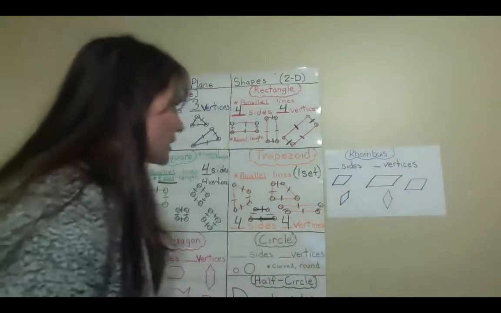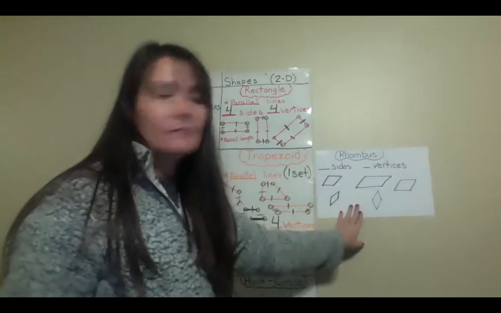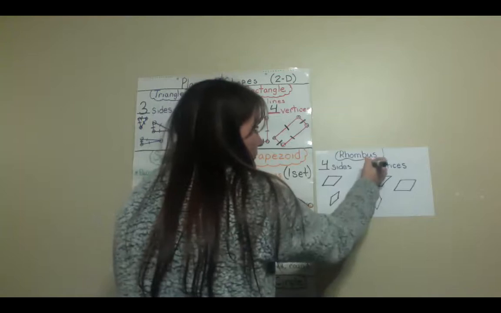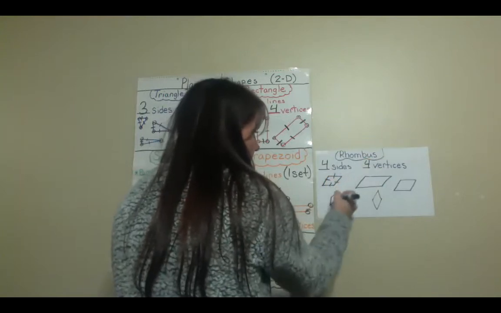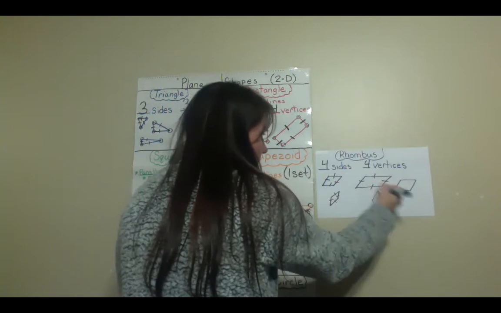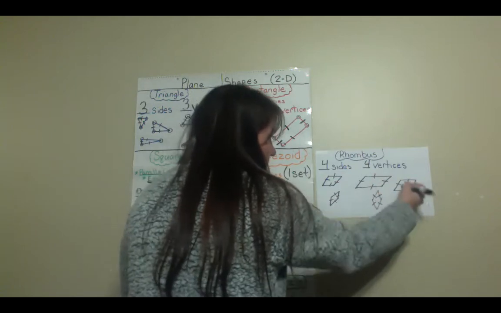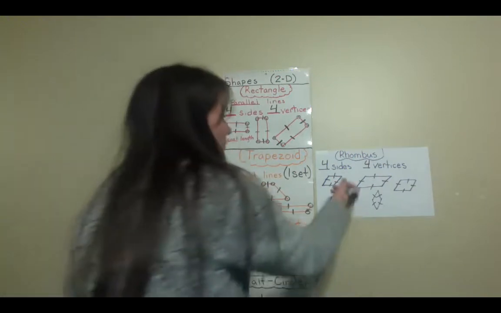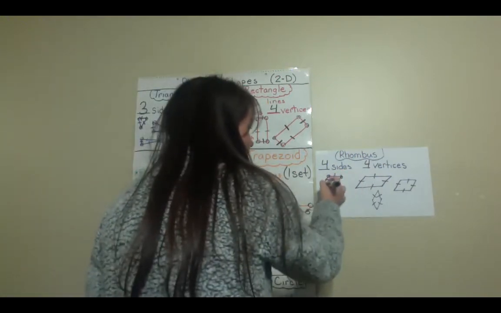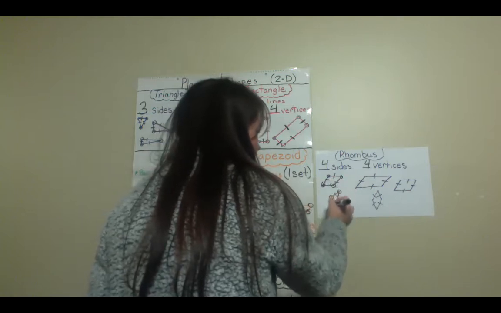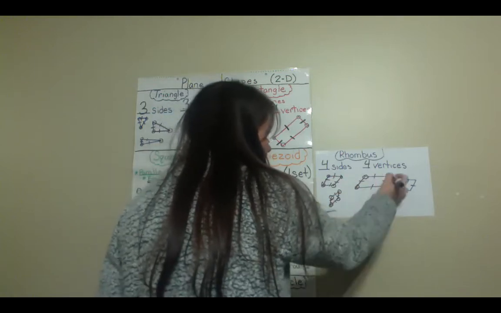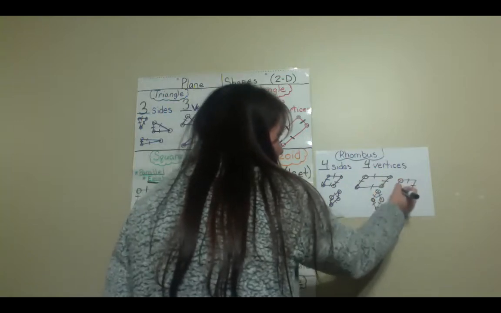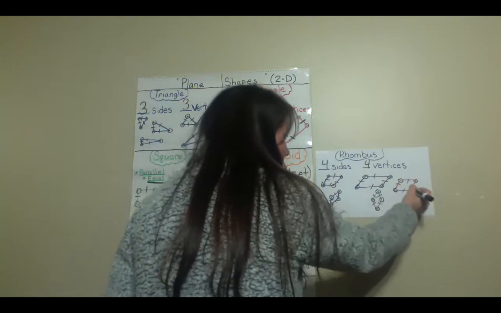Let's look a little closer at our rhombus. We noticed that it had 4 sides and 4 vertices. I also notice, when I count those corners like this, that this rhombus also has some parallel lines.